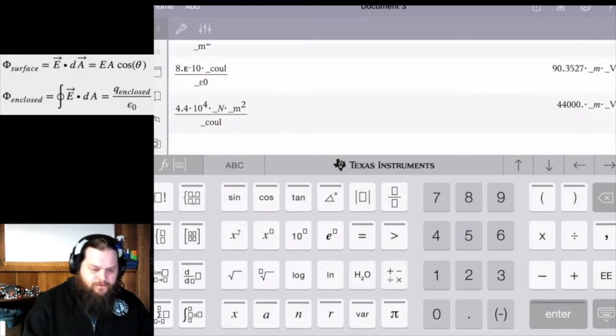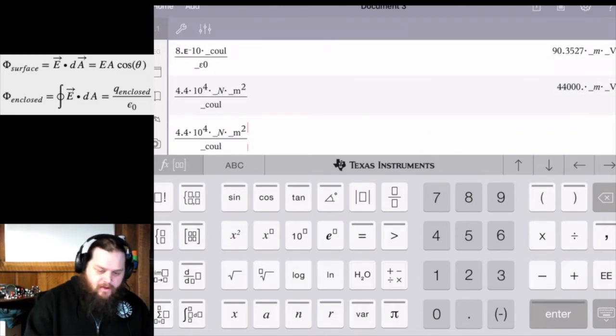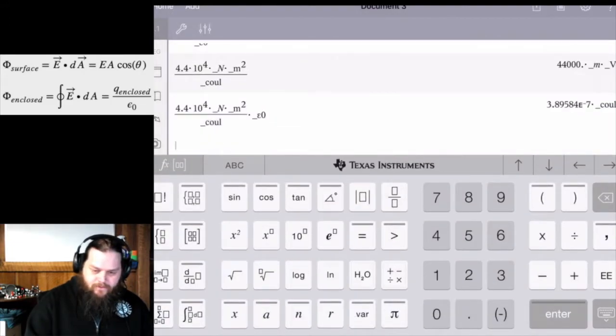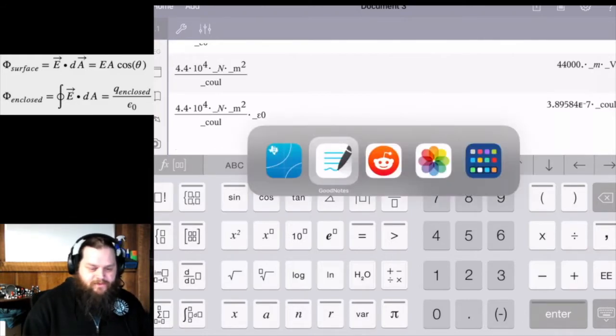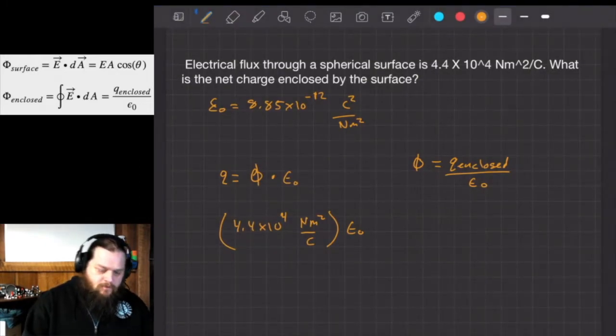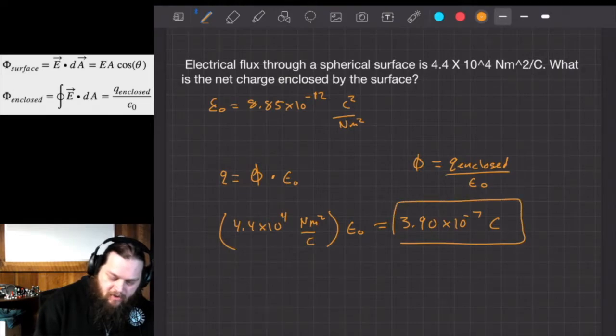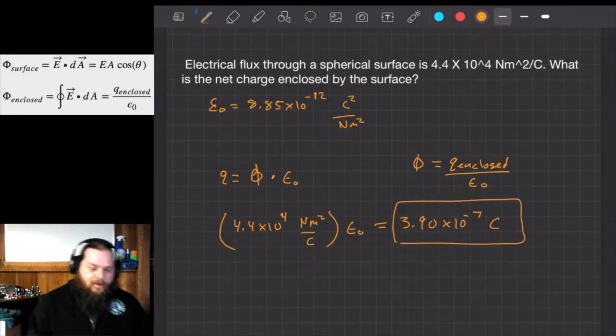And that's giving me, I have to multiply by epsilon naught, there we go, 3.89, or say 3.90 times 10 to the negative 7 coulombs. So that's the charge enclosed. Notice it's a positive number, just like we expected from our positive flux.